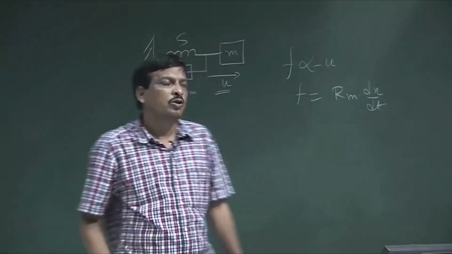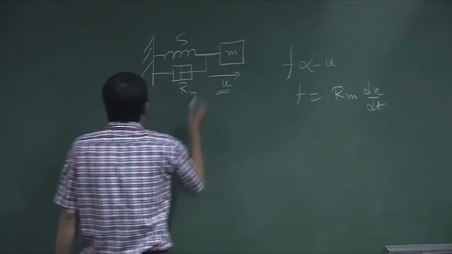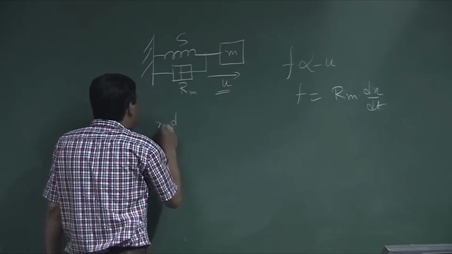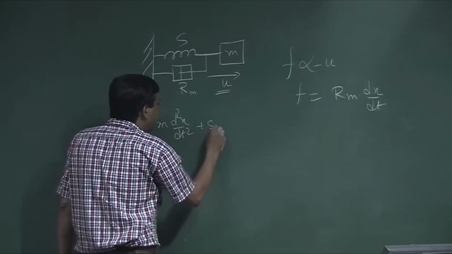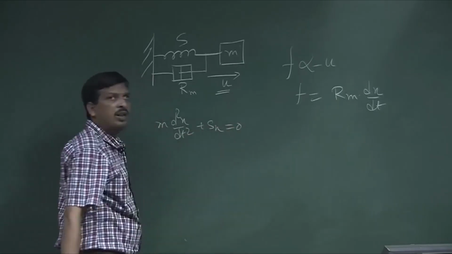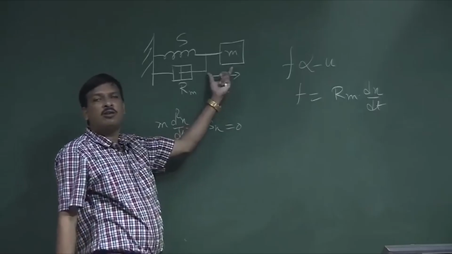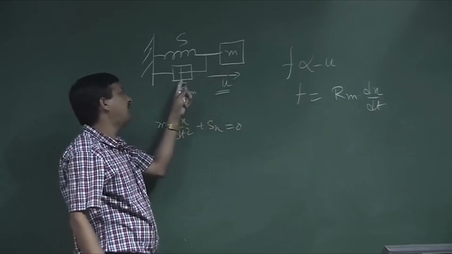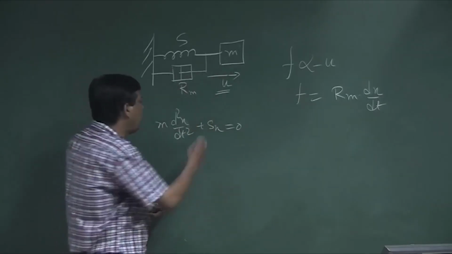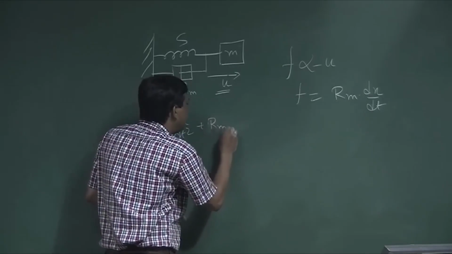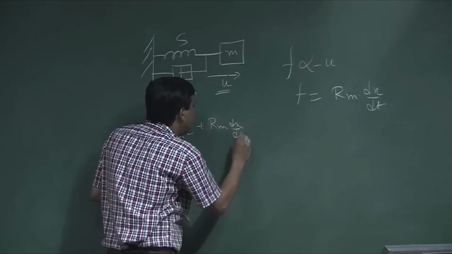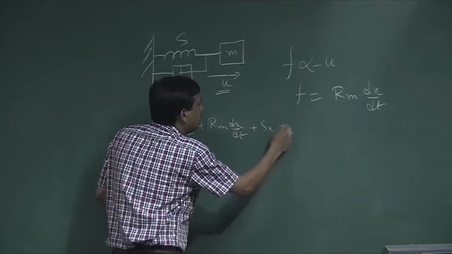Earlier, for simple harmonic motion, it is m d2x by dt square plus Sx equal to 0. Now, I said there is a friction force acting on it and it creates a mechanical damping. So, I put another term, Rm dx by dt, plus Sx is equal to 0.